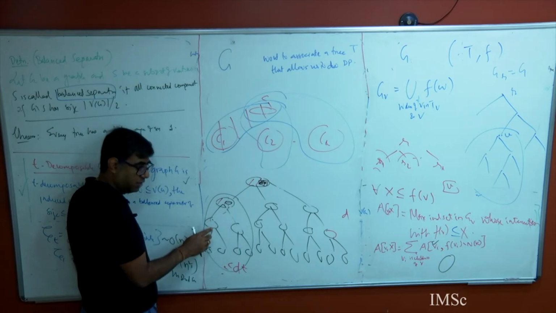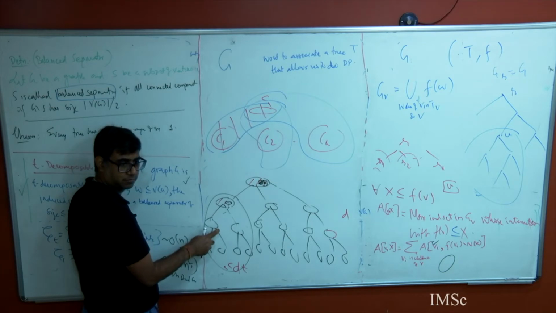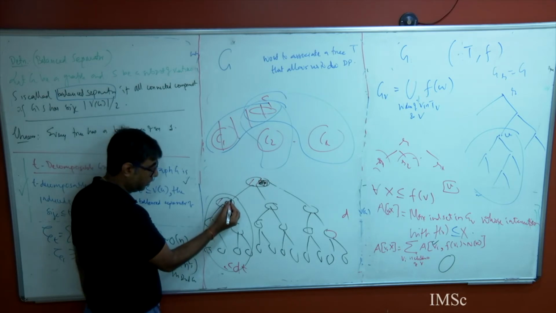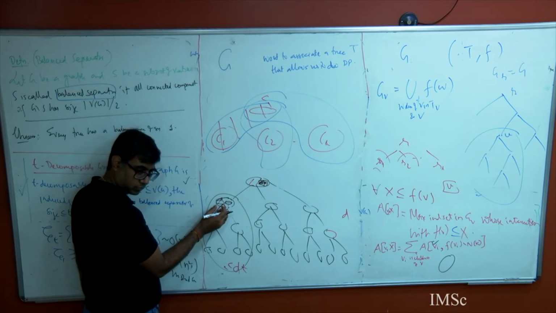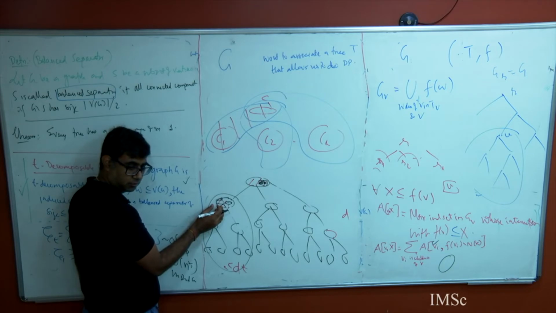But it still doesn't tell me that I cannot contain a neighborhood of him. From here, all I know is that S is here. So now you have whatever black set you have in the top root bag. In this bag, if the intersection with S is the same, then whatever independent set you have from below has to be independent with this. So what does that mean?